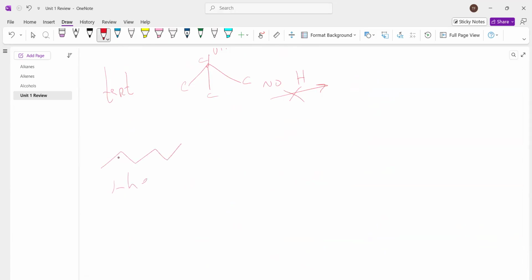So here, 1-hexene. The water is going to add on either side of the double bond. 50% of the time, the OH is going to be on the right, 50% on the left. So we're going to end up with a mix.